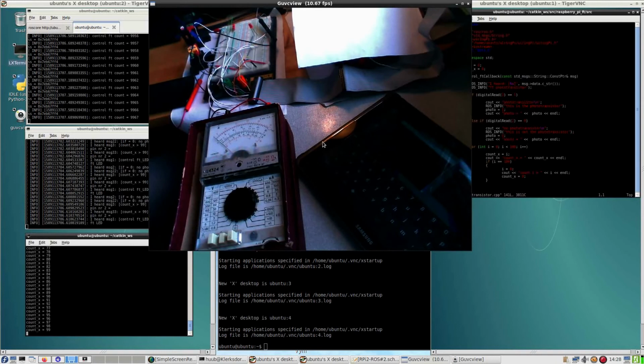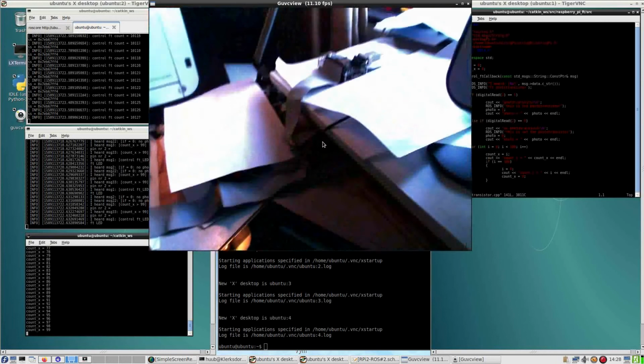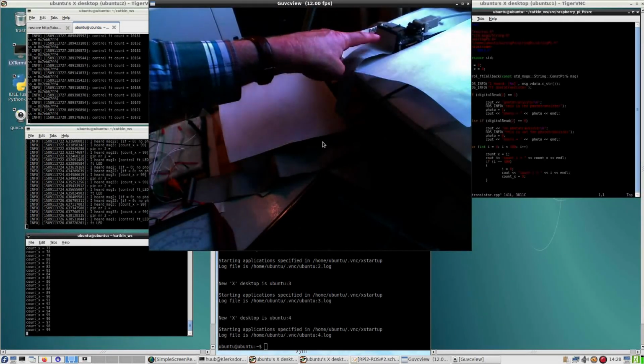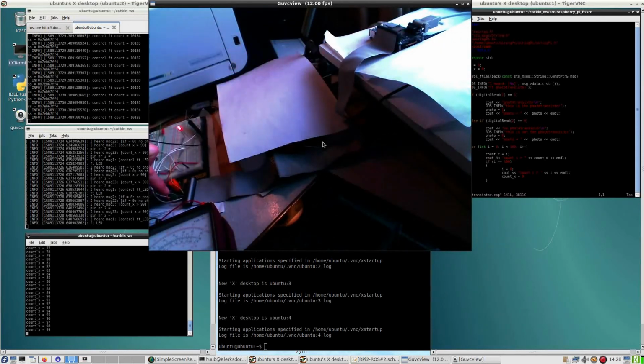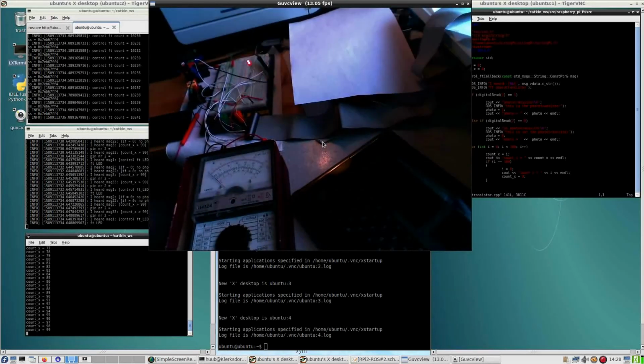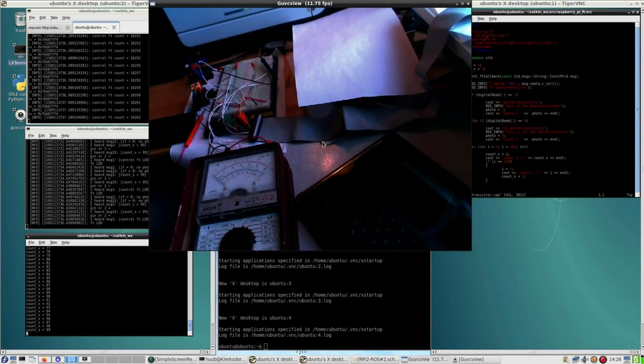The problem is that the only voltage that is regarded as 1 by Raspberry Pi input, and then I mean the GPIO, so in short this is the GPIO, and the voltage regarded as 1 is 3.3 volts.